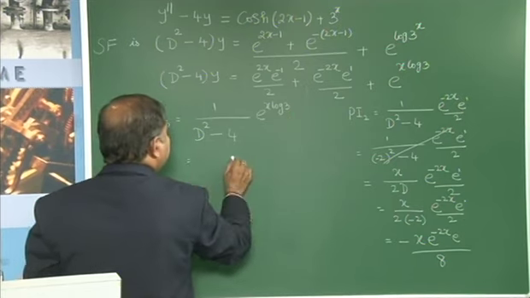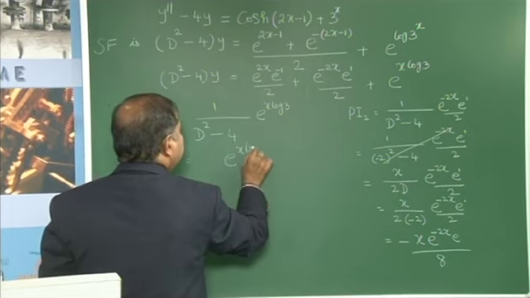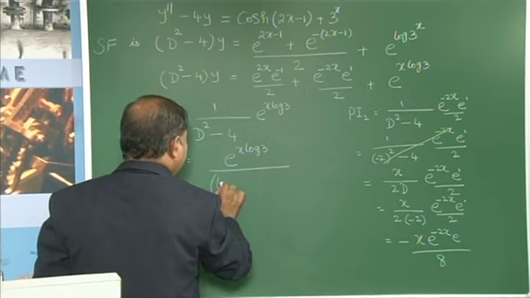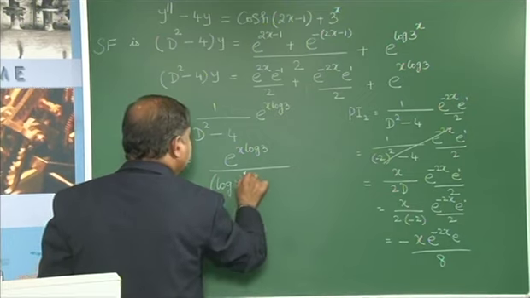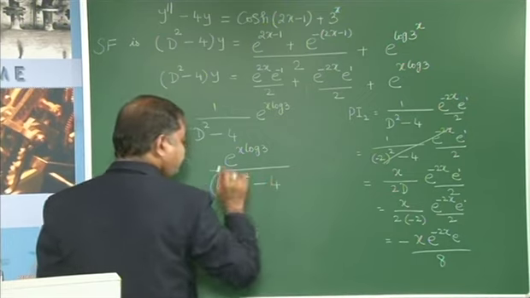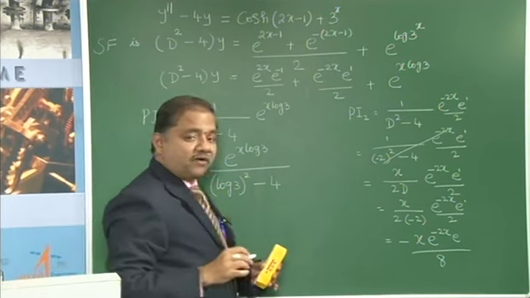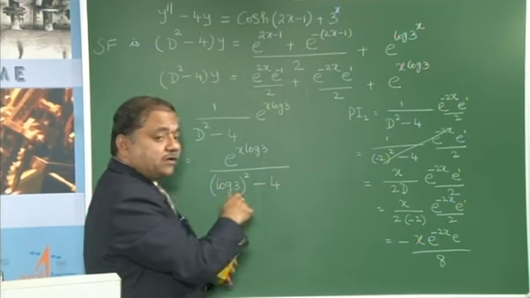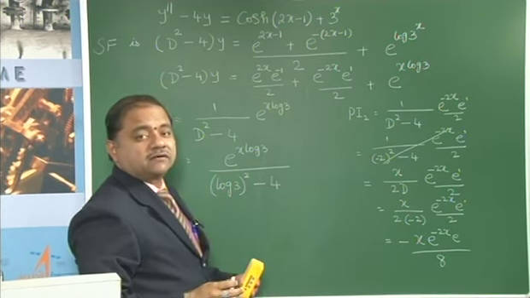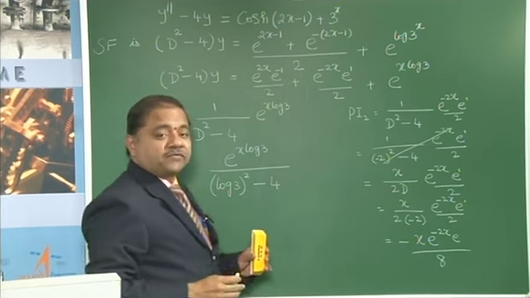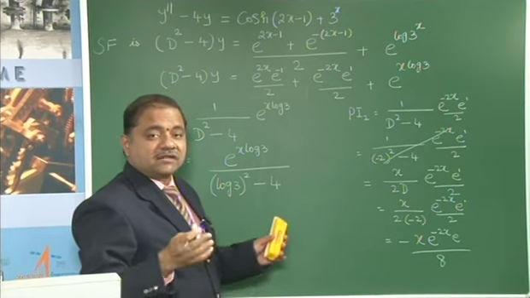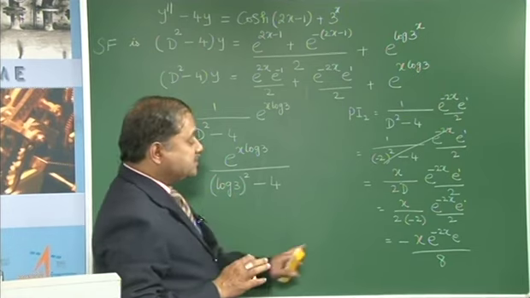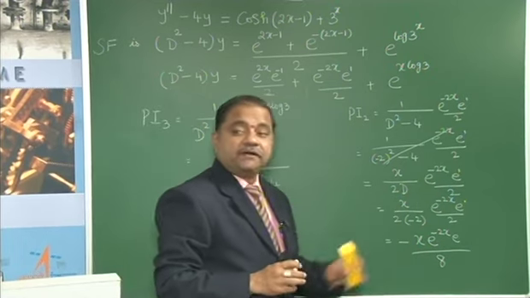So it will become e power x log 3 divided by log 3 whole square minus 4. I would like to advise, don't find the values of all these log 3 and all those things, you write as it is, because this is base e. If you get confused with base 10, the answer will become wrong, not required, only this much is sufficient. Same way here this answer is sufficient.